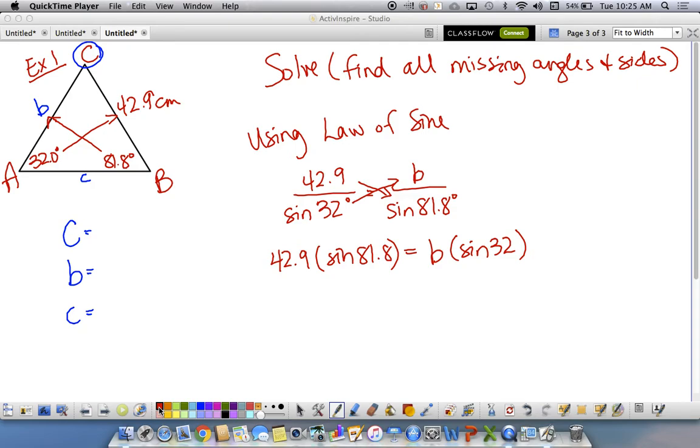To get B by itself, we're simply going to divide by sine 32. Now, I just need to plug all this in my calculator. 42.9 times sine 81.8. Would you like me to do that also? It's going to take just a second, and we'll solve for B.